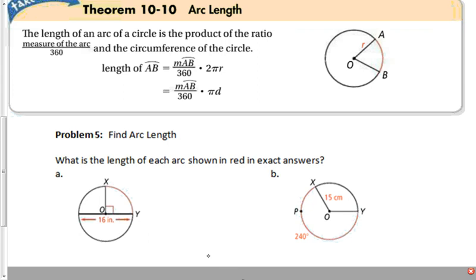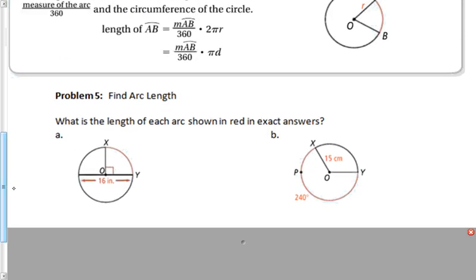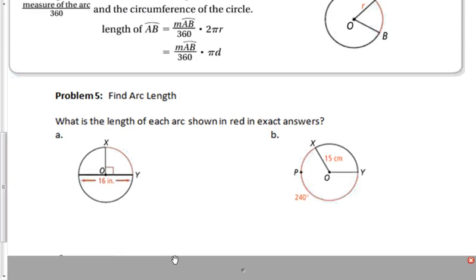So two examples. It says, what is the arc length shown for these examples? So let's find the circumference. We're going to find the length of arc XY. So circumference is pi times diameter, or 16 pi.